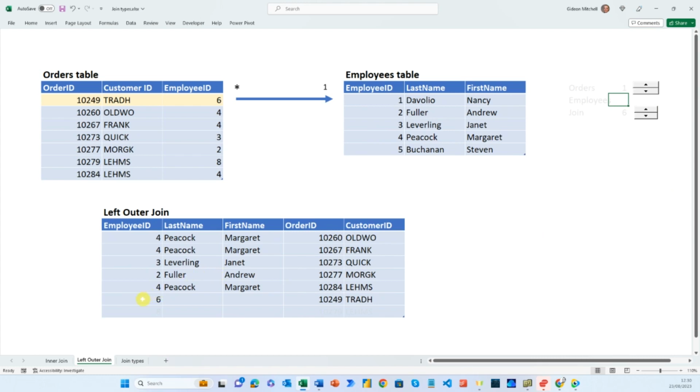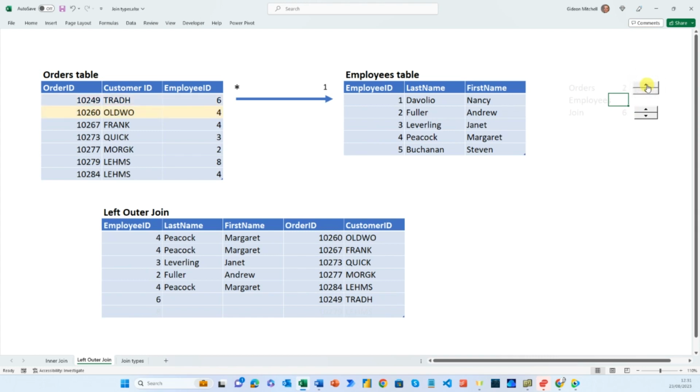That gives us partial data where the employee ID can be filled in, the order ID and the customer ID can be filled in, but of course we can't fill in the last name and the first name because we don't have anything matching in the employees table. So those fields in our left outer join record set would be null, blank. Fine, so we continue iterating through the left hand table.